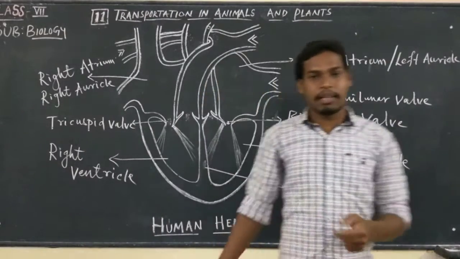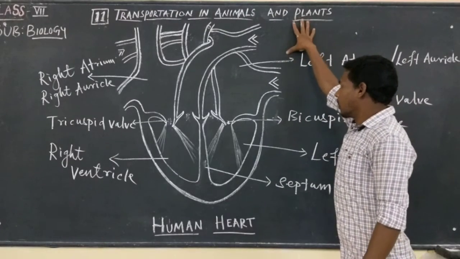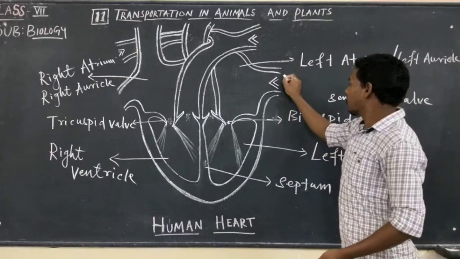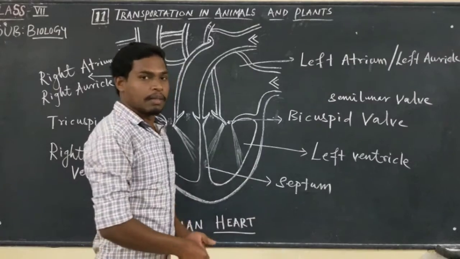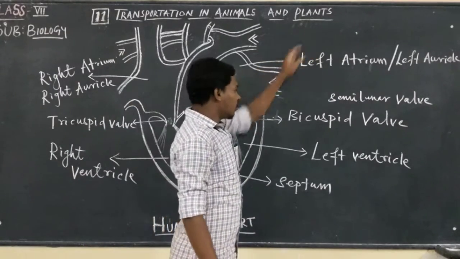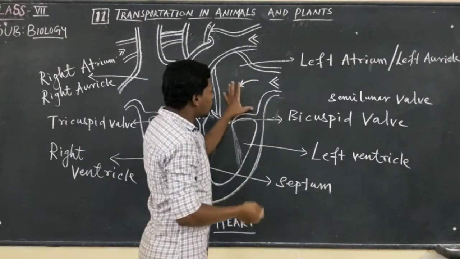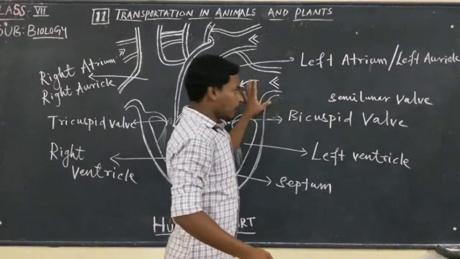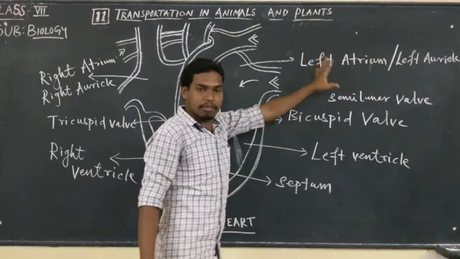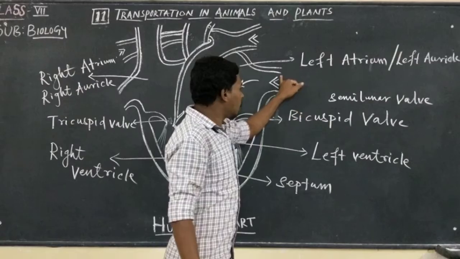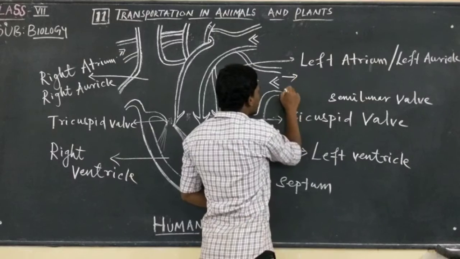So the blood from the lungs is picked up by the pulmonary veins.